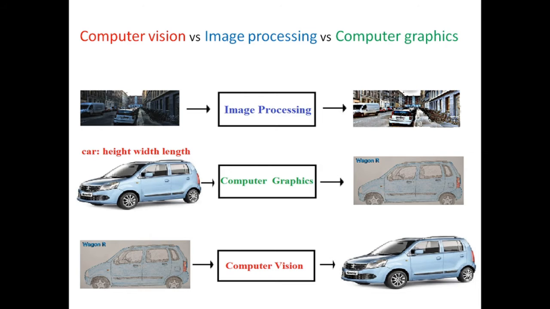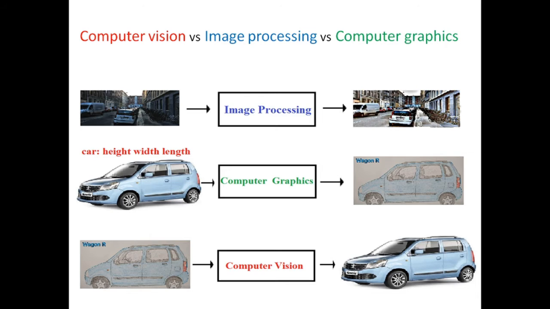So image processing is a 2D to 2D conversion, whereas computer graphics converts a 3D scene into a 2D image. Okay, now let us see what computer vision is. Computer vision does image analysis.